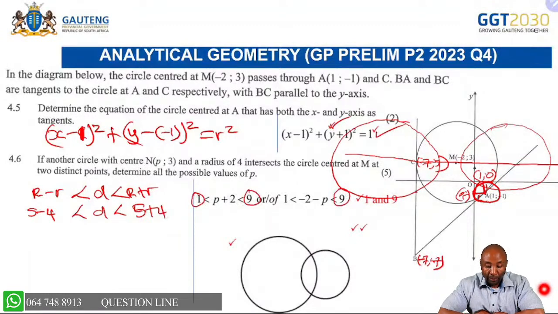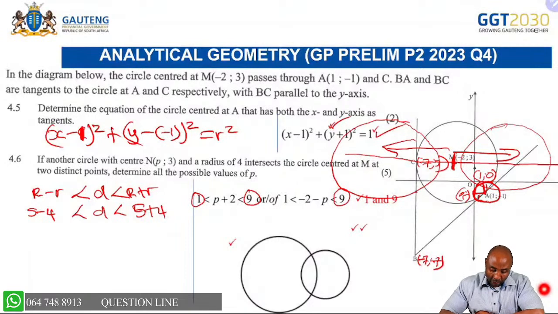Because we can either move in the negative direction or we can move in the positive direction along that line where our x values are changing, but our y values are remaining the same because they are equal to 3. So either we are moving from here, that direction, or we are moving from here in the positive direction.